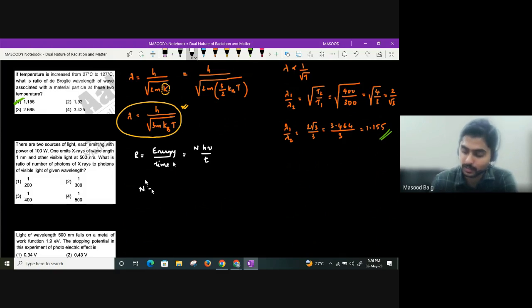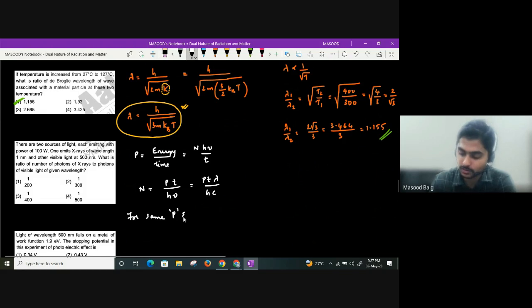So the number will be power into time divided by h nu, or power into time into lambda divided by hc. Power is the same, time is the same, h and c are the same. For the same power and time, the number of photons emitted will be directly proportional to lambda.